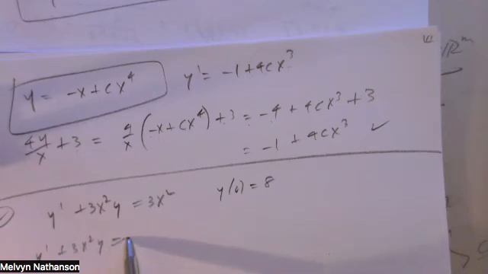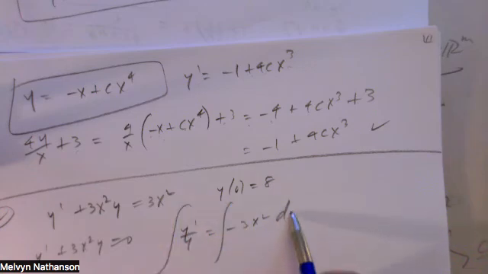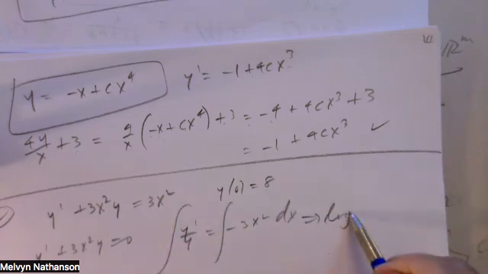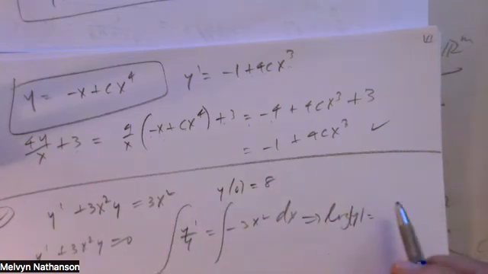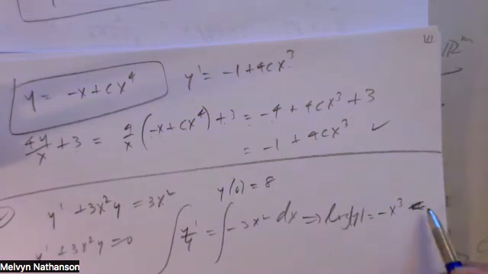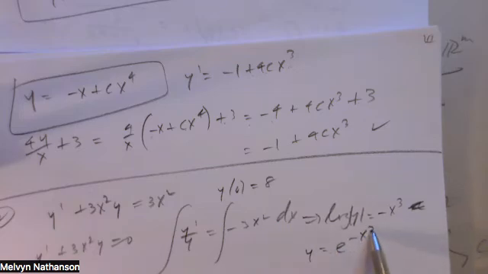So if we first look at the homogeneous problem, y prime plus 3x squared y equals 0, or y prime over y is minus 3x squared, and then you integrate, you get log y is minus x cubed, but one solution is minus x cubed, or y is e to the minus x cubed, y1.